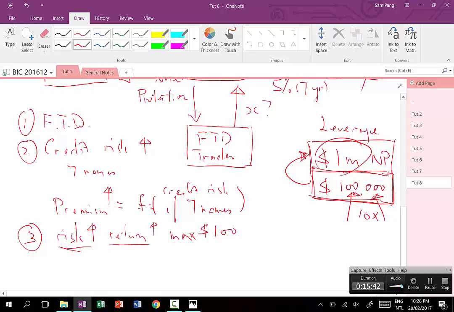However, what is really the nuance here, the subtle part, is that although your maximum loss hasn't changed, the probability of you getting a loss is now higher. That is how the risk has increased. So your maximum loss hasn't changed, but the probability that you may well incur that loss has gone up, and therefore the return has gone up.